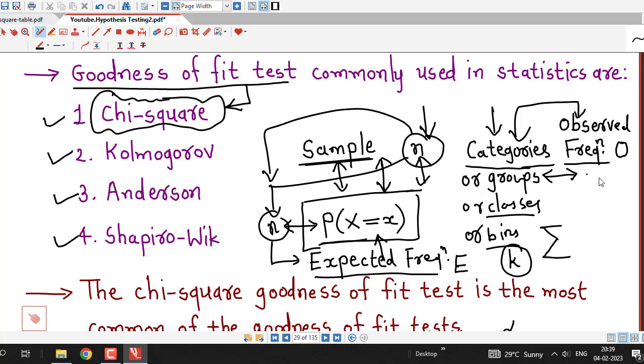So after computing observed and expected frequencies, we will take the difference between observed and expected frequencies. We will square those differences and divide each squared difference by the expected frequency, and this we will sum for all the classes or all the groups or all the categories. Suppose we have k categories, then we will have k terms of this type in the addition.